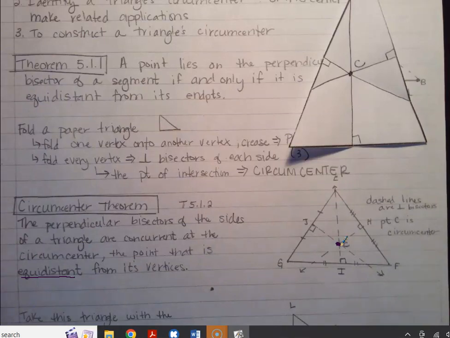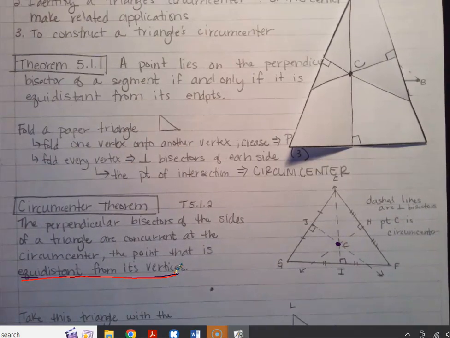Now, this last part says this is the point that is equidistant from its vertices. What does that mean? I'm going to change colors here. I want you to take your straight edge. I think I gave you each a protractor for a straight edge.